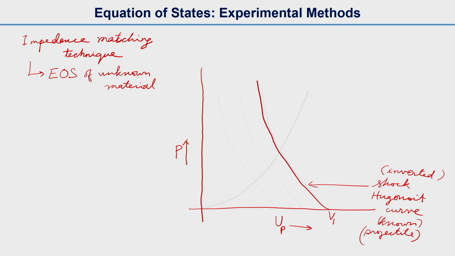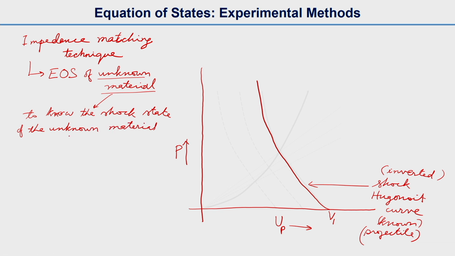Now, to know the shock state of the unknown material, we can draw the Rayleigh lines for this particular impact velocity V1.